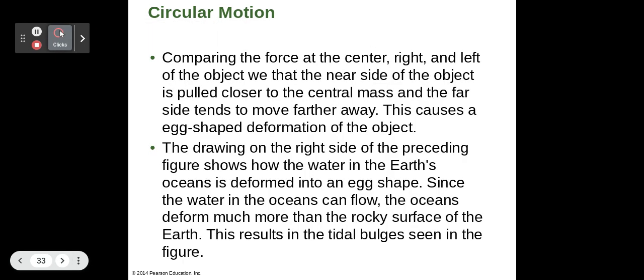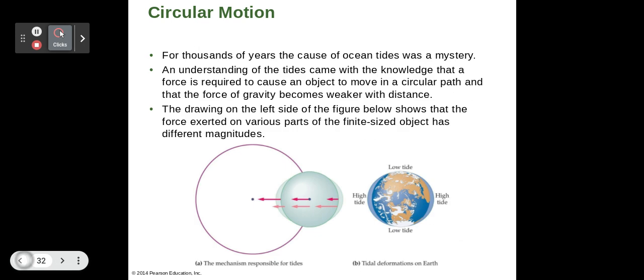Comparing the force at the center, the right, and the left, you see that the near side of the object is pulled closer to the center of the mass, and the far side of the object tends to be farther away from the center of mass. So let's go back. You can see that here's your object. This side is closer.